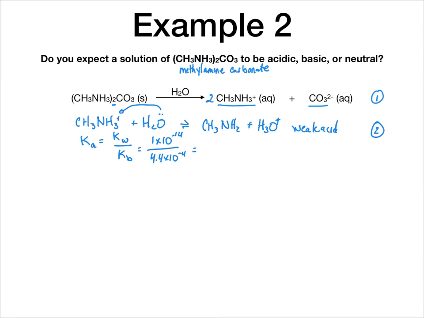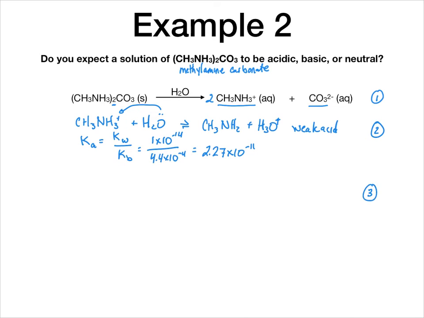And so I get a Ka value of 2.27 times 10 to the minus 11.